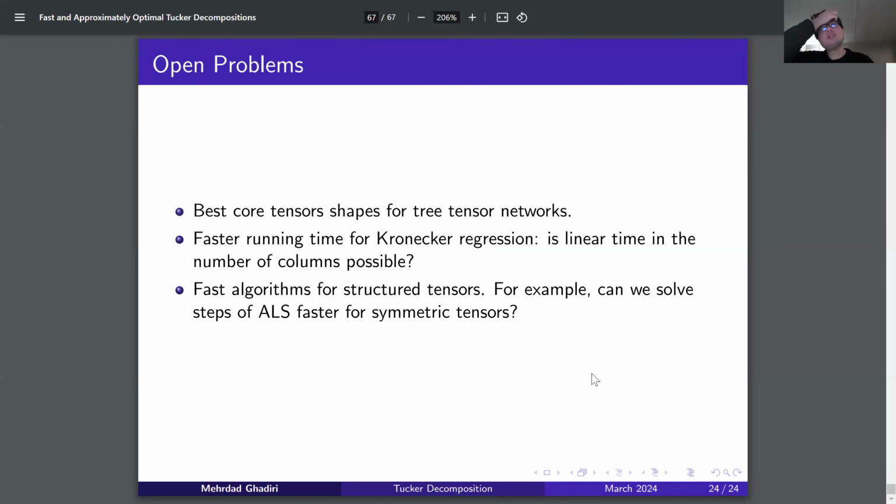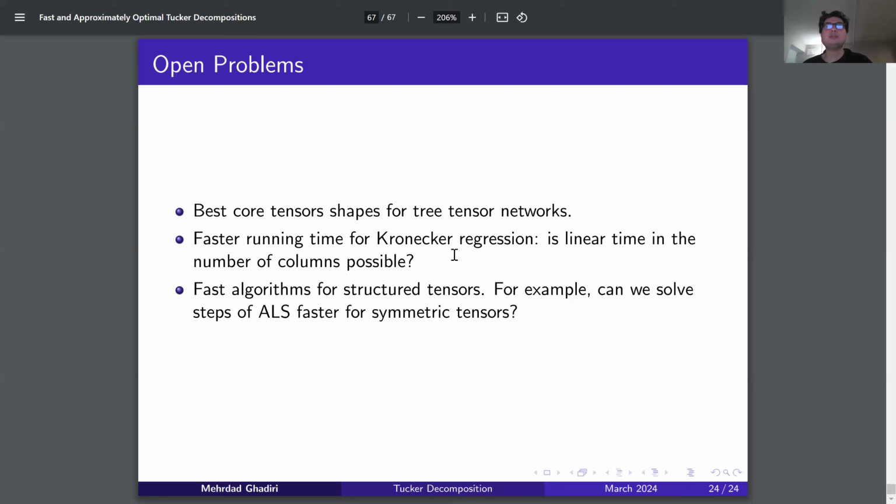So let me just quickly mention some open problems. As I mentioned, try to see how we can solve the best core tensor shape for tree tensor networks. The other one is whether we can do, for the first part of the talk, faster algorithms for Kronecker regression. I have thought about doing this in linear time instead of R to the 1.626.